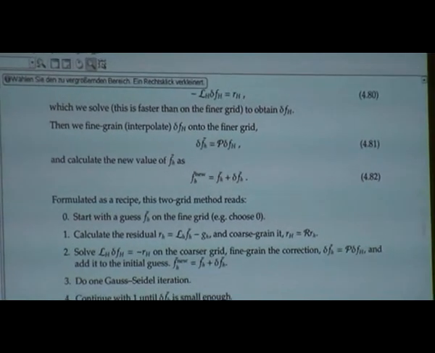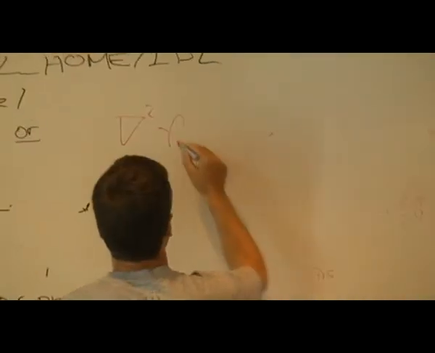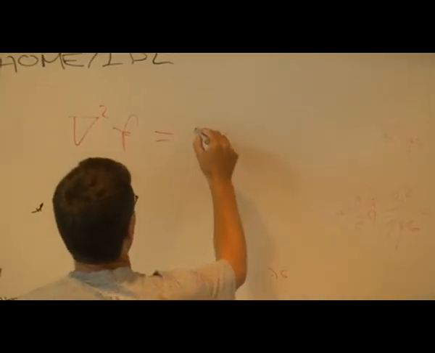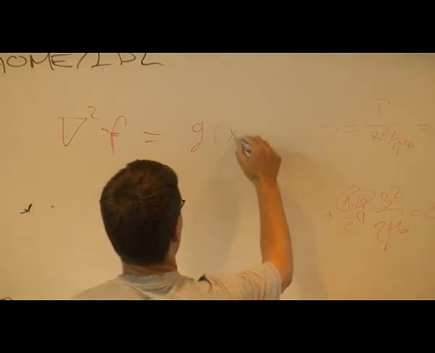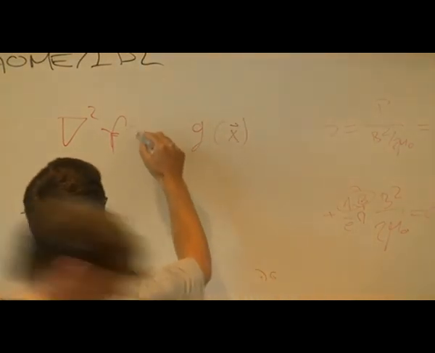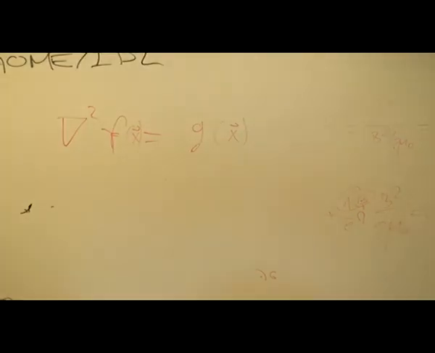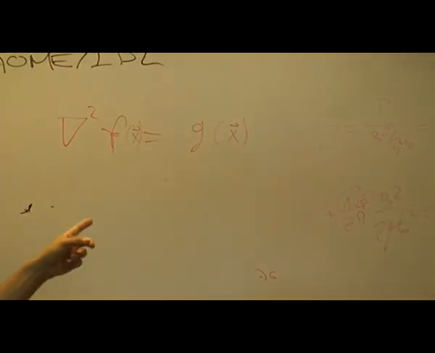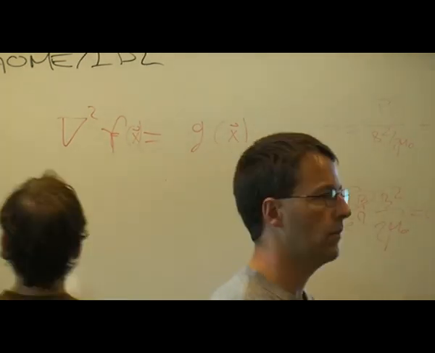So we have nabla squared f, if I stick to that notation, equals g, and this here can be a function of x, and this one certainly is. Can you read that, or should I use a different color?